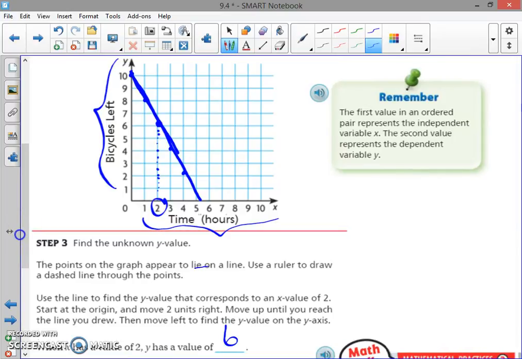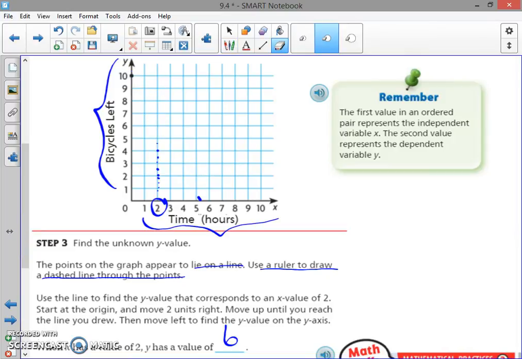So what you do is they lie on a line because, again, they all reduce to the same. Use a ruler to draw a dashed line through the points. I'm doing that again because it's driving me absolutely crazy. Let's see, last one was 4, 2. Over 4 up 2. Okay, so then over 3, up 4, and so on.